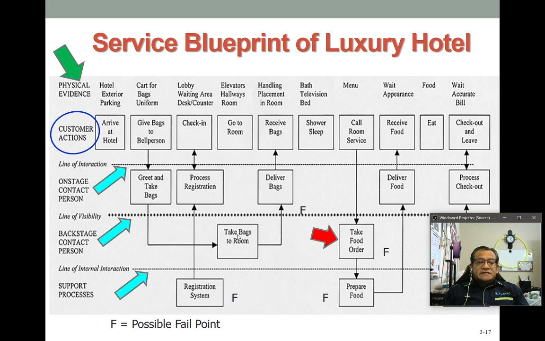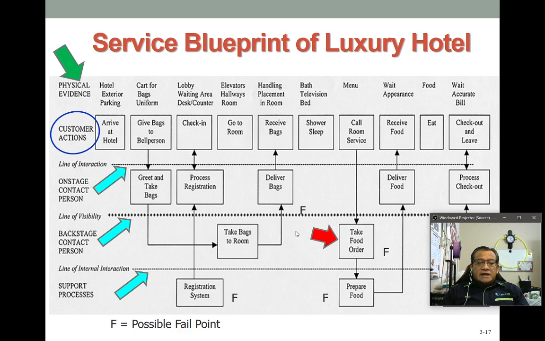After your bags are taken by the contact person, the bags will be taken backstage by the contact person or by the waiter or waitress, and your bag will be delivered to your room. Okay, so this service blueprint depicts all the necessary activity in order to execute a service in the luxury hotel.